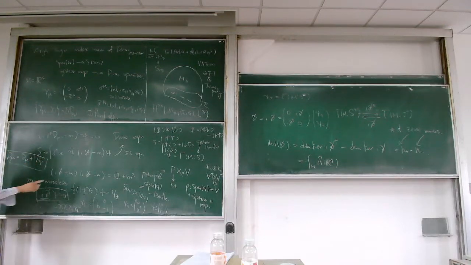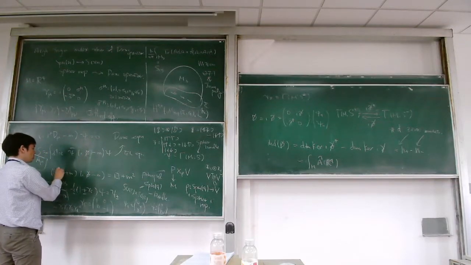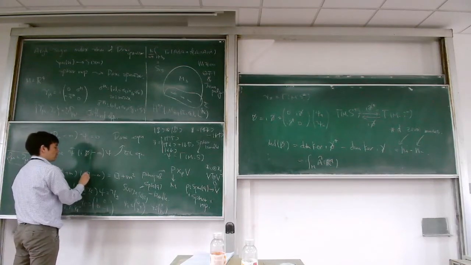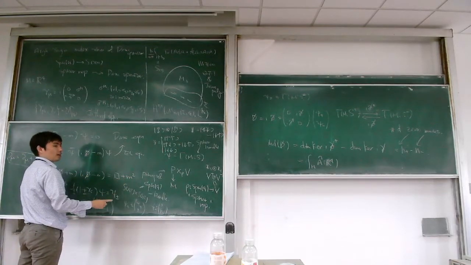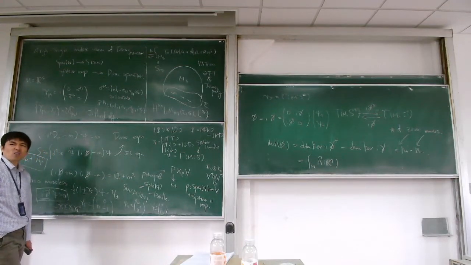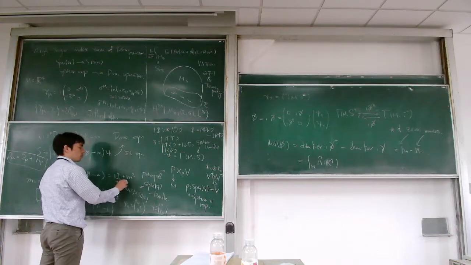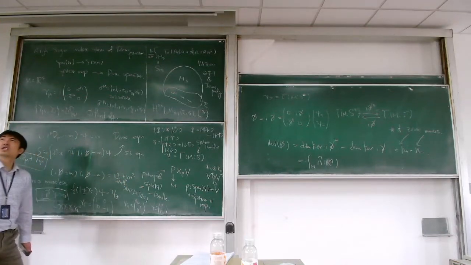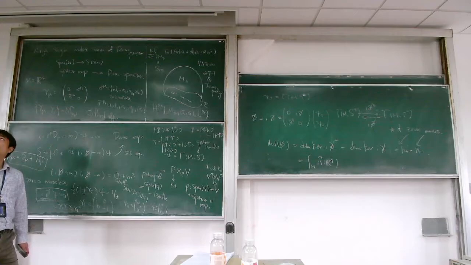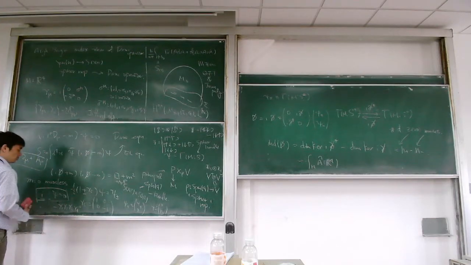So everything becomes D slash, and the Klein-Gordon equation also includes A mu. I don't remember exactly, but my guess is something like this. I think it's okay.